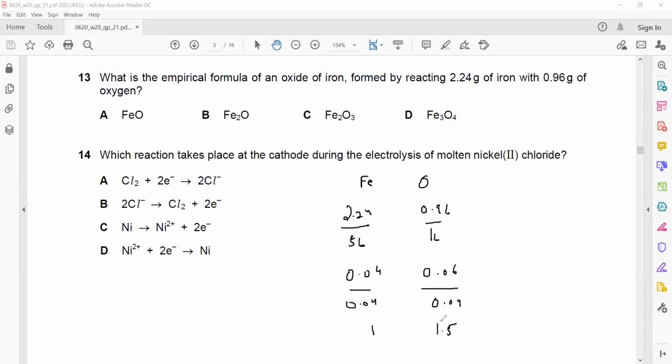Whenever 0.5 is there, you multiply all of them by 2. So this will become 2 and this will turn into 3. So the correct answer contains 2 iron and 3 oxygen. So what's the right answer for question 13? That will be C.